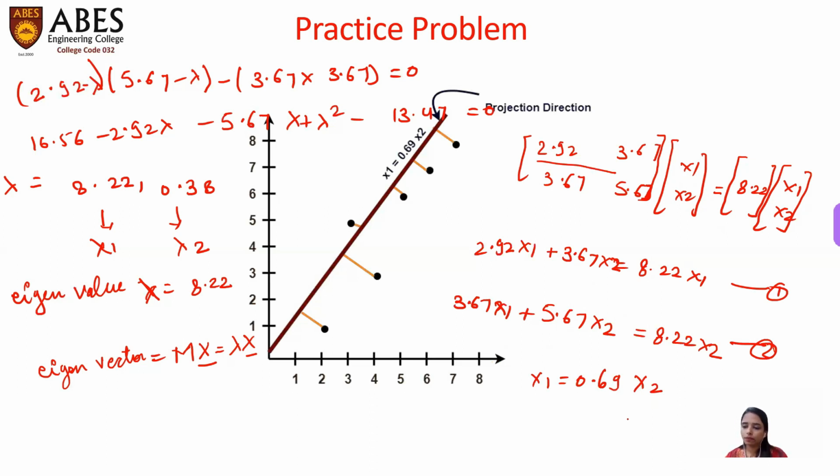So our eigenvalue is 8.22, and with its help we have calculated our eigenvector, x1 equals 0.69 x2. That means the value of x1 depends on x2 multiplied by 0.69.